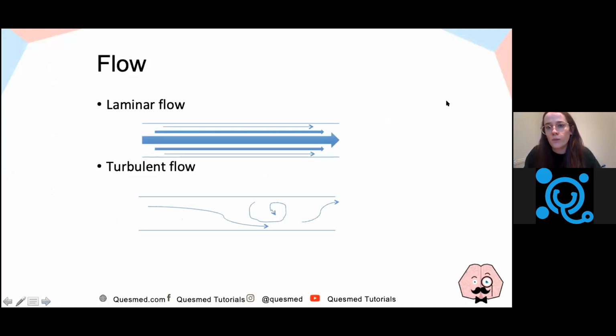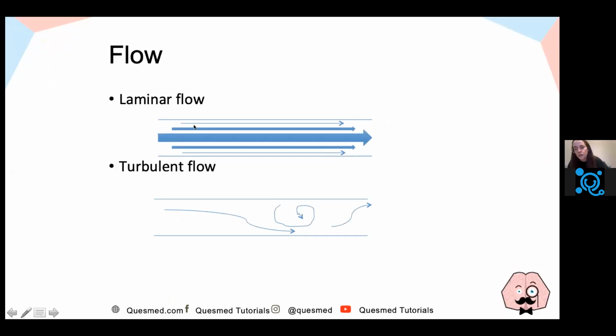So flow can be either laminar or turbulent. Laminar flow is where you've got everything flowing in parallel lines, the fluid flowing within the centre of the lumen is flowing at double the speed of the mainstream, and the fluid flowing at the edges is almost stationary.